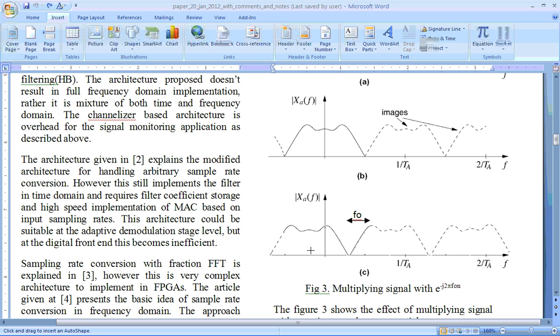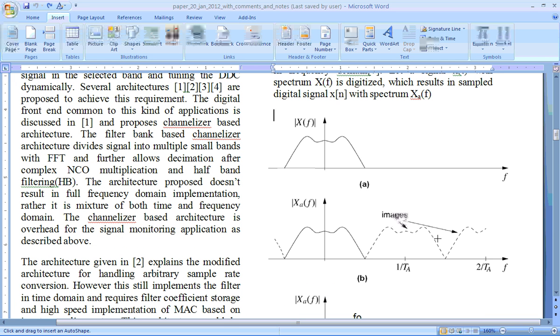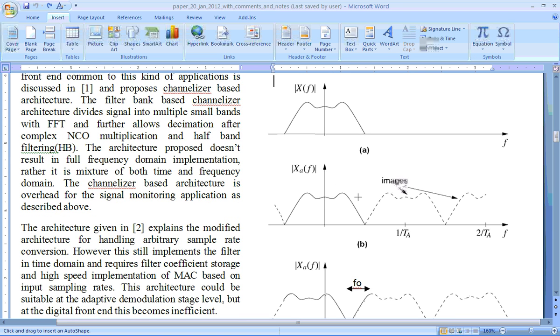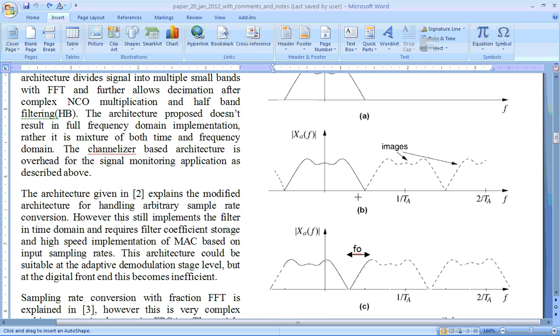First, let us understand that. Even though the digital signal's sampled spectrum looks like this or this, whatever B or C, what you see with your digital signal is only the information between minus 1 by 2T to plus 1 by 2T, or in frequency domain, minus Fs by 2 to plus Fs by 2. Let me draw lines between minus Fs by 2 and plus Fs by 2.